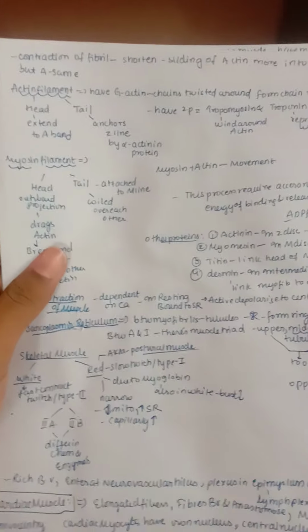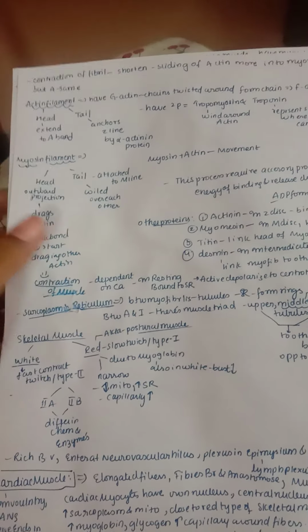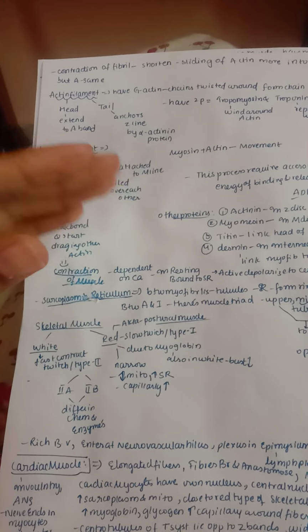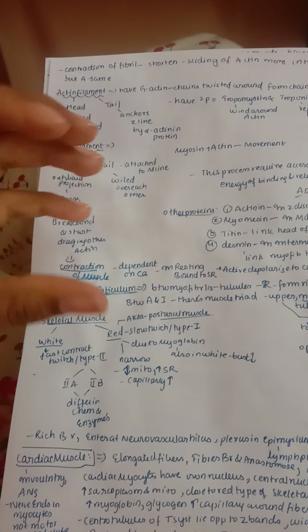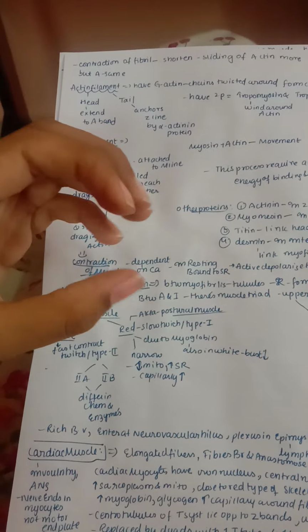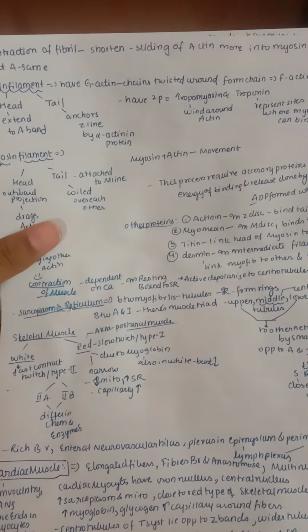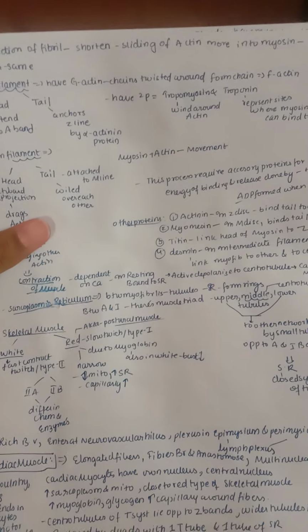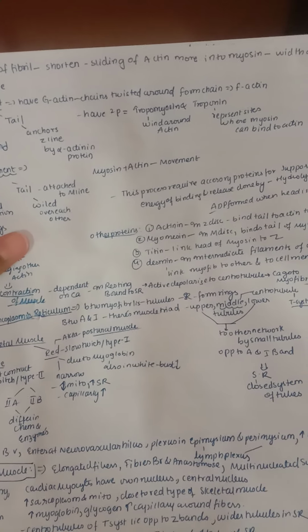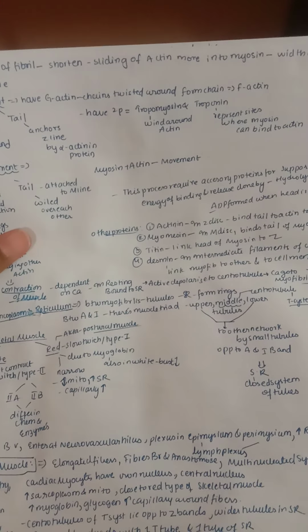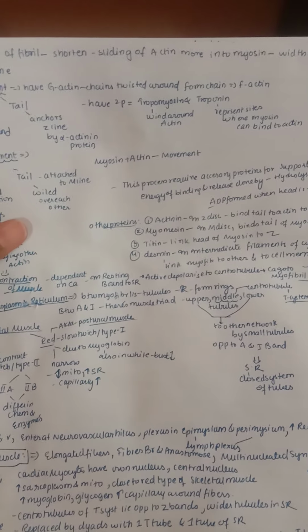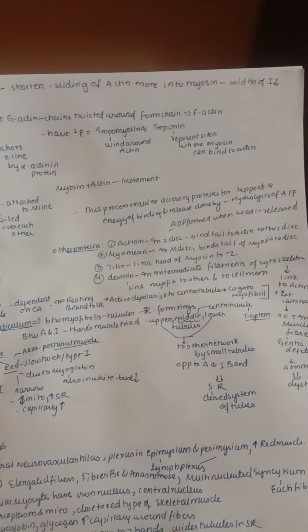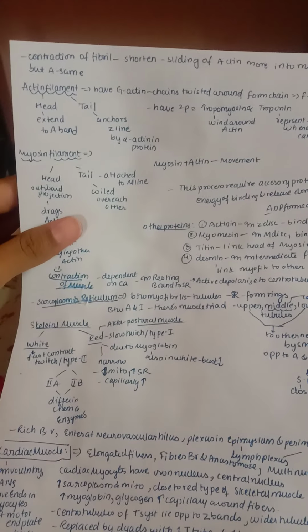Next, let us check out the contraction of myofibril. Whenever they contract, they shorten the fibril, and the sliding of actin is more into the myosin, that is the light band slides more towards the myosin, and the width of the I band decreases, but the A band stays the same.